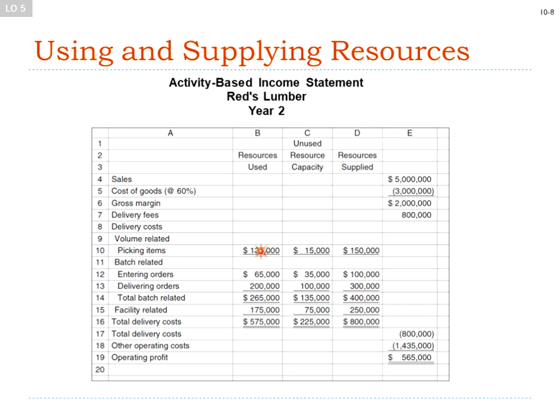So we had unused capacity of 7,500 items, or $15,000. So again, this type of statement shows us how effectively we're using our resources.